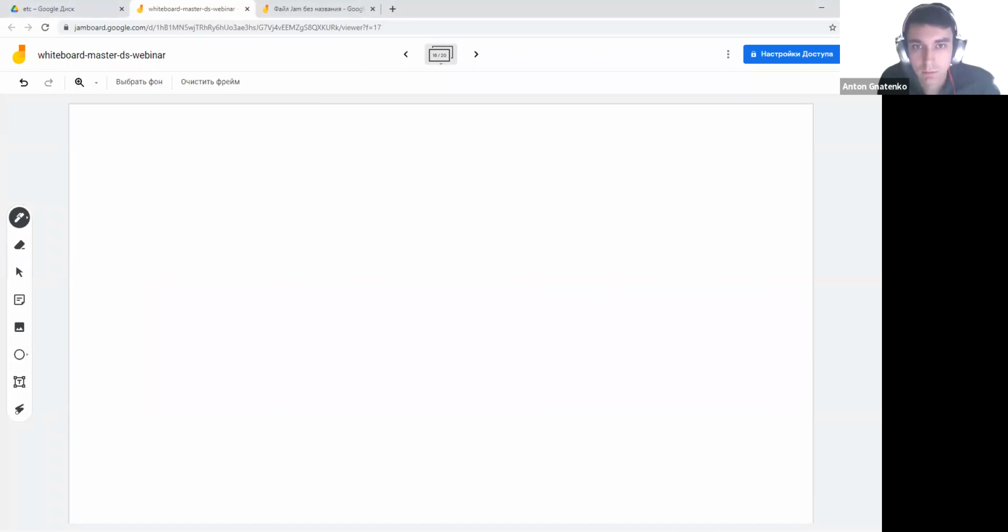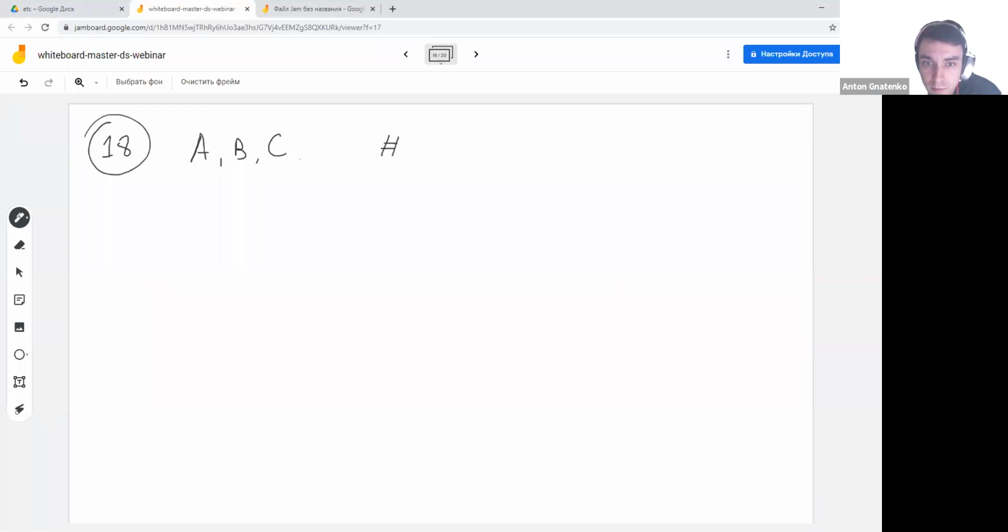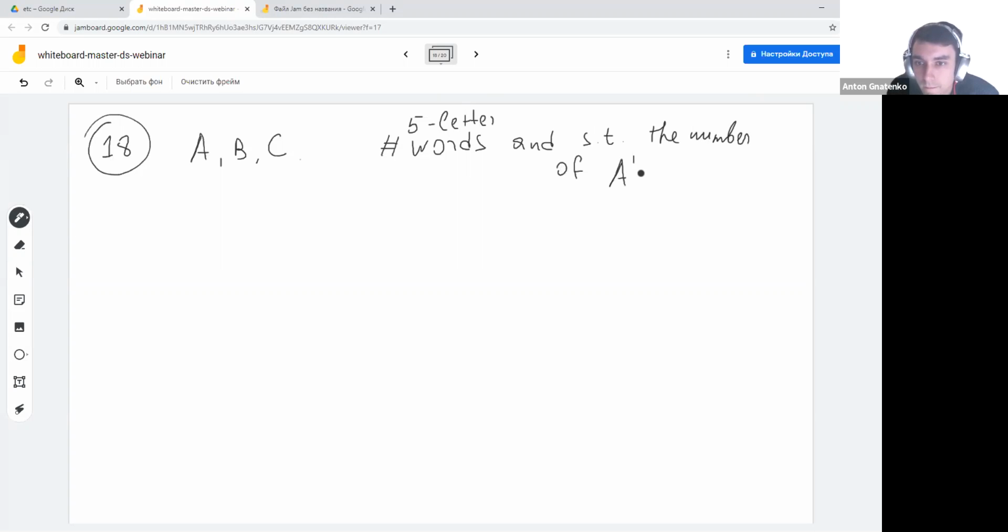Okay, question number 18, combinatorics, which somebody asked about. So we have 3 letters A, B, C, and the question is how many words we can form from them: 5-letter words, which consist of 5 letters, and such that the number of A's is even.